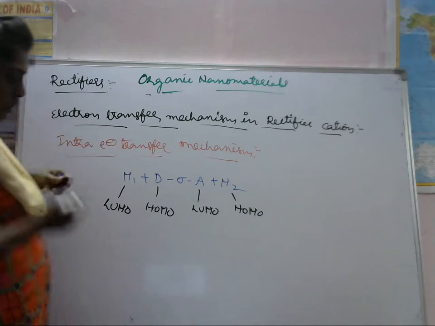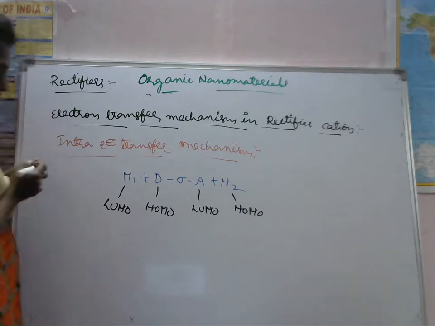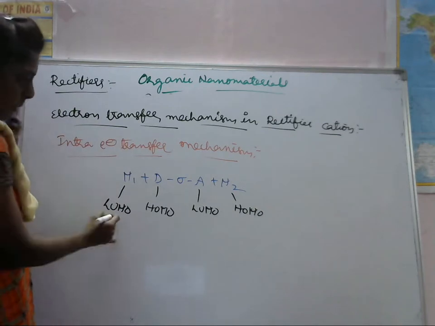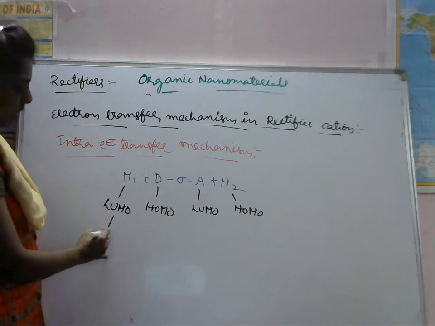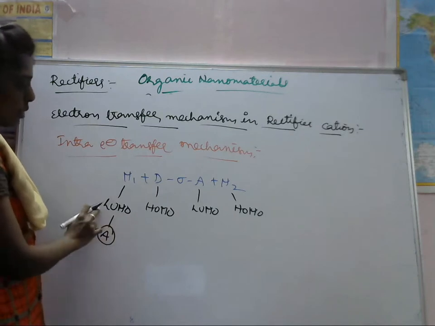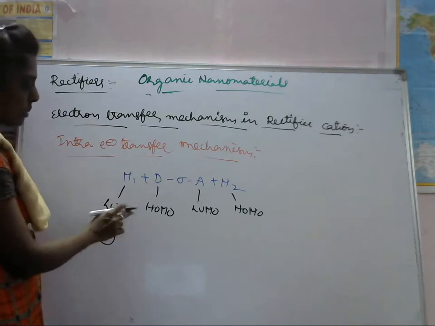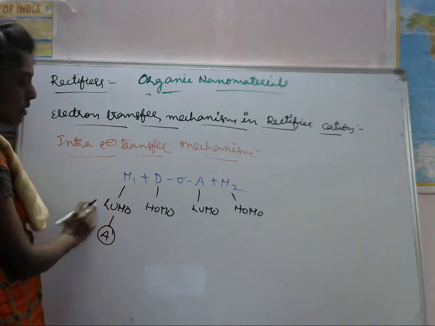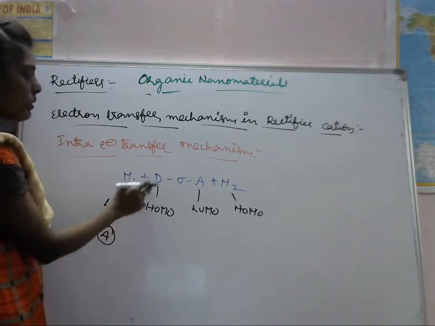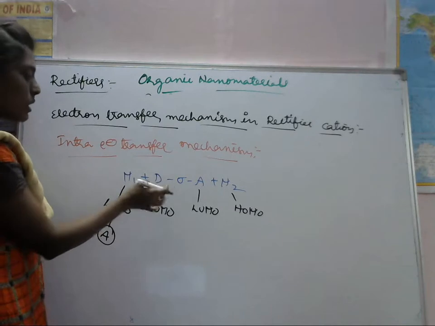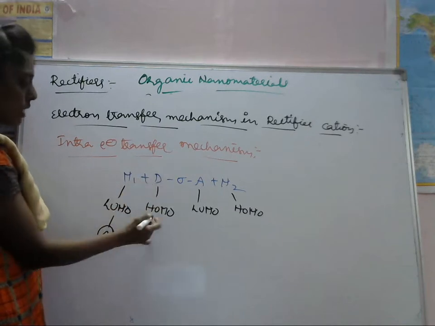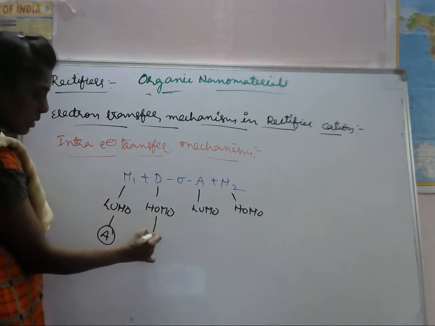LUMO means here it is the acceptor, because of the lowest unoccupied molecular orbital, because it is ready to accept the electron. As a HOMO, it is having extra electrons, so that's why it acts as a donor. It will give electrons, so that's why it is a donor.